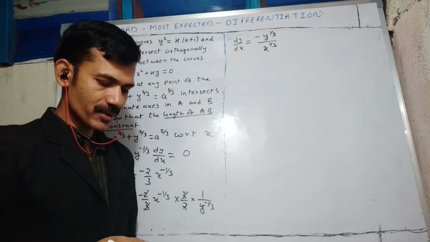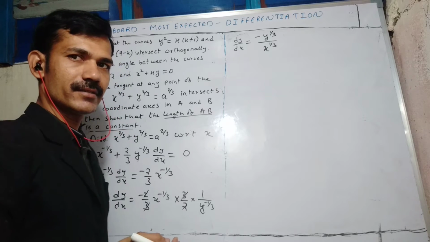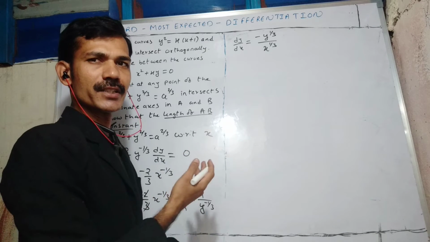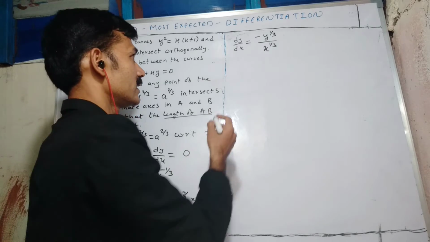And our second step is to find the slope of the line, the slope of the tangent actually. Differentiation we are doing means we will get the equation of the tangent.